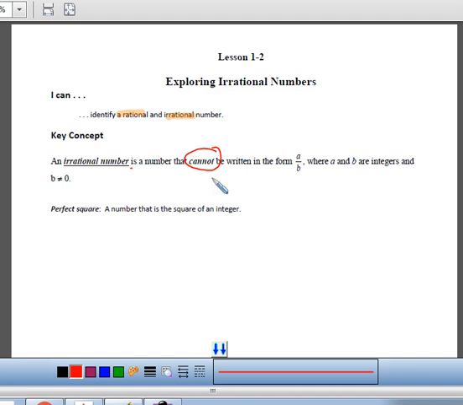We'll be talking about this more later on, but something else with irrational numbers, they are not terminating. So in other words, they do not end.